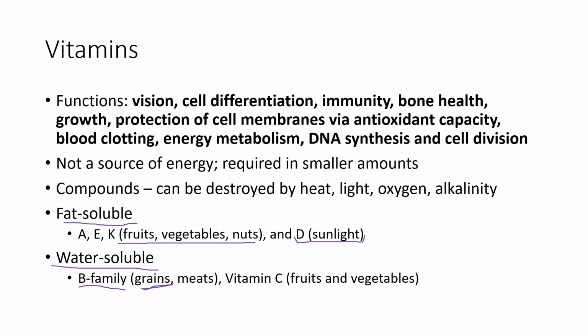Grains are a really rich source of our B vitamins, as well as meats, because animals tend to eat grains, and then vitamin C, which we find pretty exclusively in fruits and vegetables.